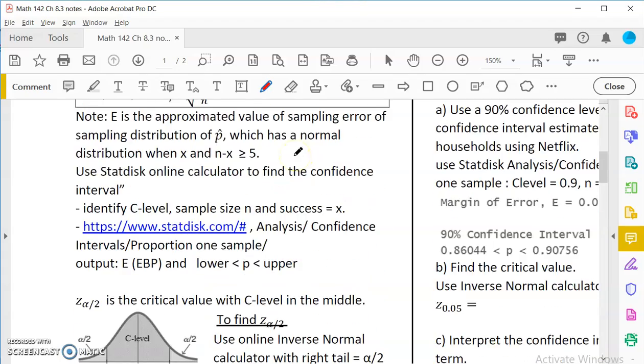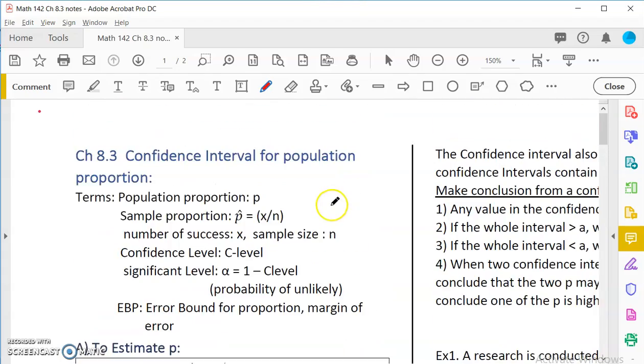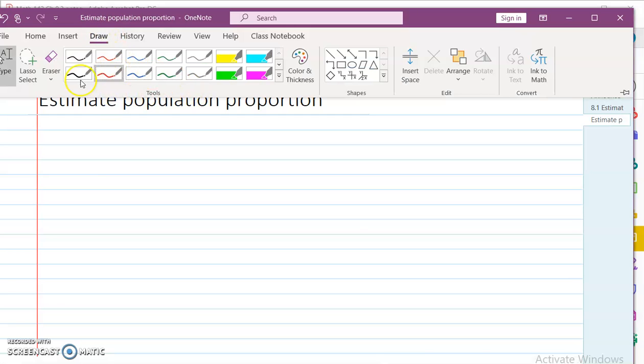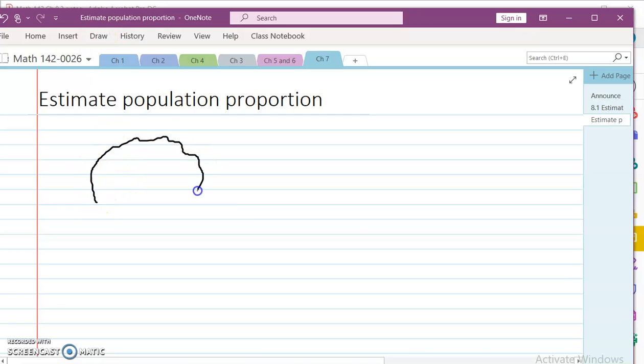So let's look at how we do this. If I have a sample and I have a population, what does estimating the population mean? I have a population of stuff here, and it could have different categories.